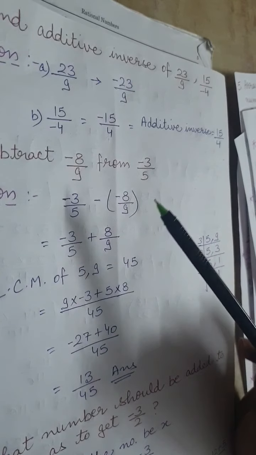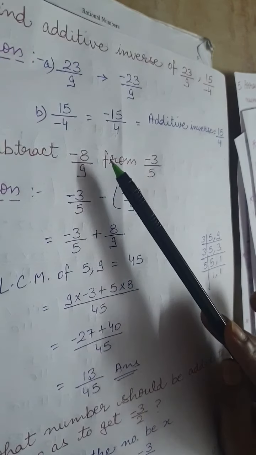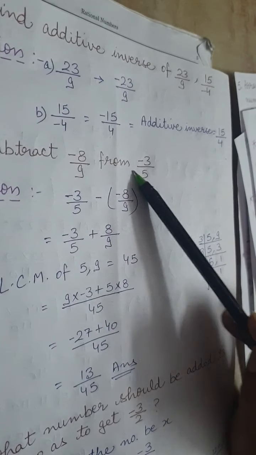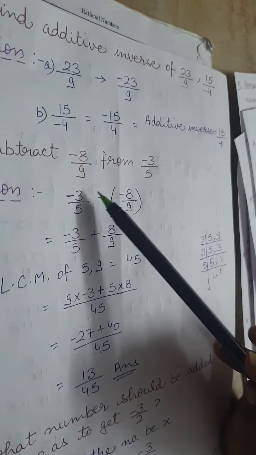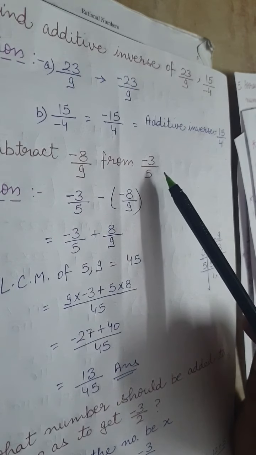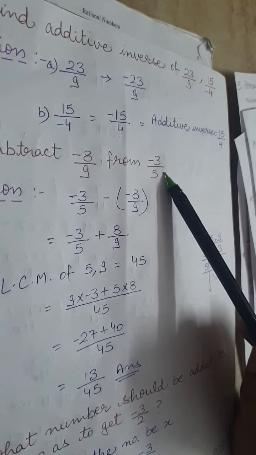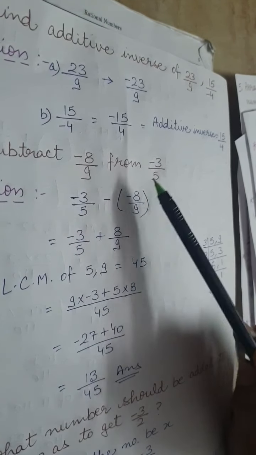In next question, we have to subtract -8/9 from -3/5. Remember one thing, in these type of questions, what we have to do, we have to write the second number first.